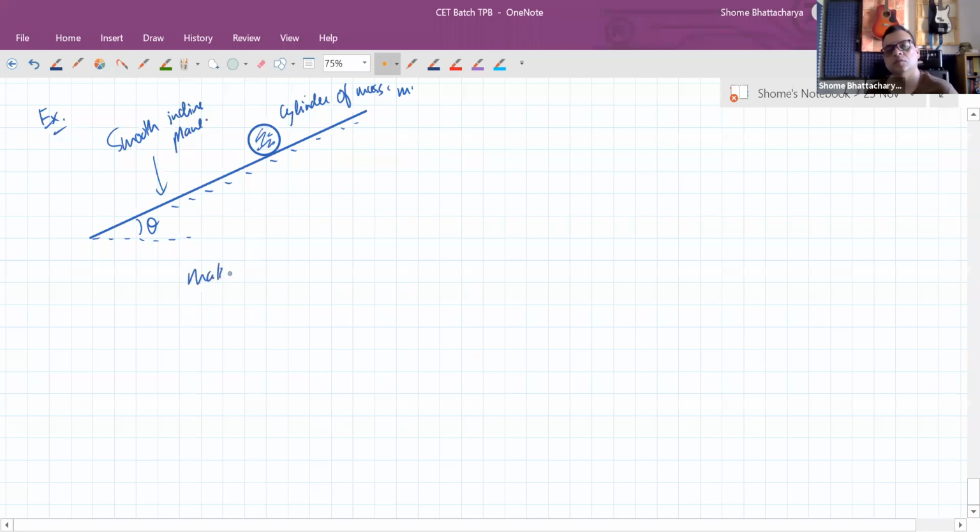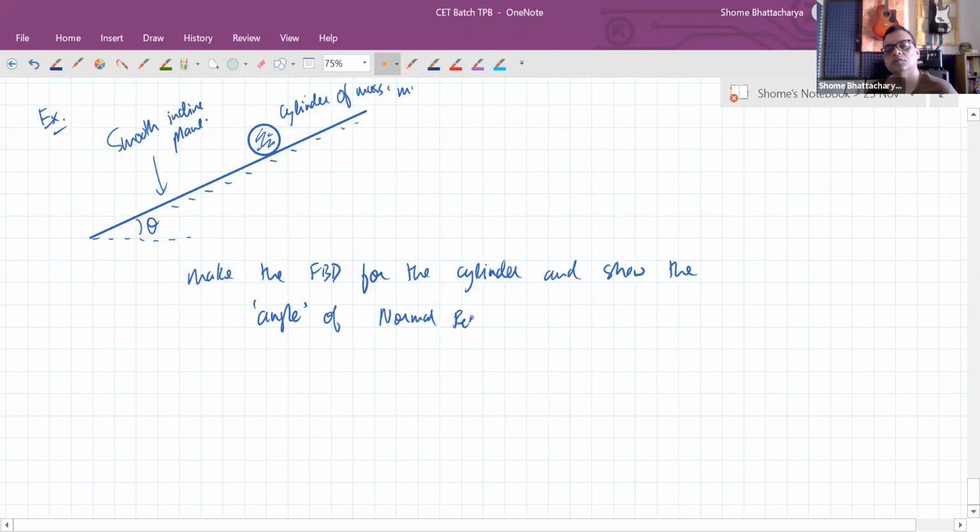So make the free body diagram for the cylinder, okay, and show the angle of normal reaction force with respect to the horizontal and the vertical.